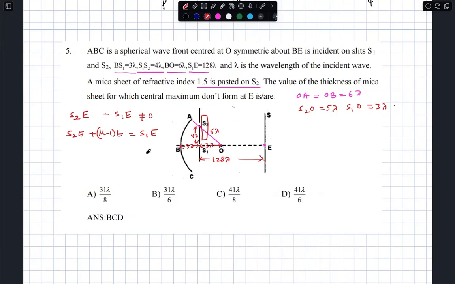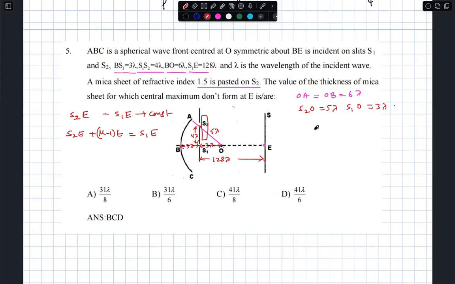Now we will work on the first non-central maximum. I'll go differently. You want the constructive condition. What is the constructive condition? Some integer multiple of lambda. That we will work. 3 lambda, 5 lambda.